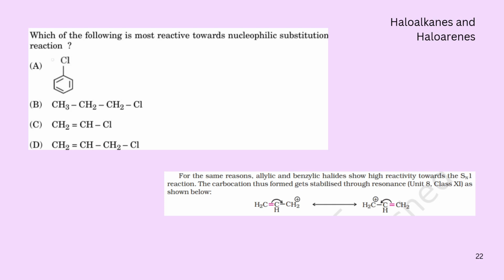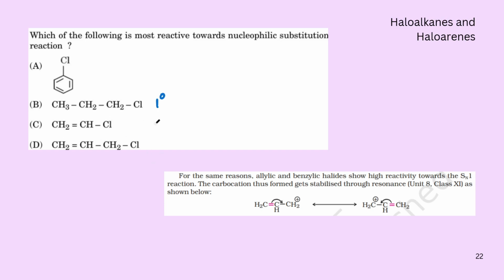The next question. Which of the following is more reactive towards nucleophilic substitution reaction? Amongst all of these, it's quite similar to the first one that we discussed in this chapter. You have an arene, so obviously this is going to undergo electrophilic substitution reaction. This is a primary alkyl halide.